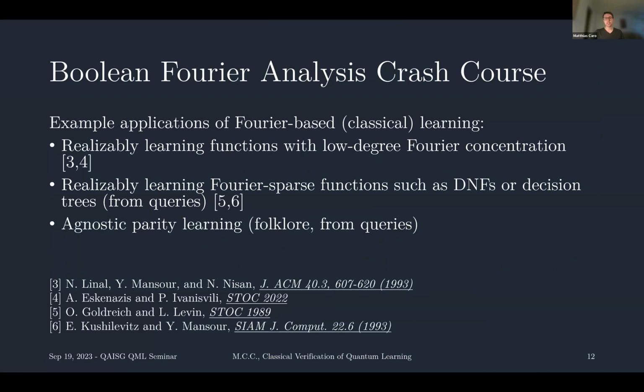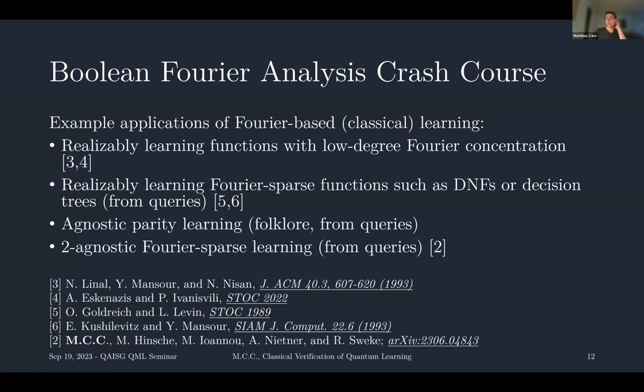You can learn parities, and you can at least two-agnostically learn Fourier-sparse functions, which is a result that we weren't able to identify in the literature, but that we reprove as part of our work. So, short summary, this Fourier perspective helps you learn a lot of relevant function classes.